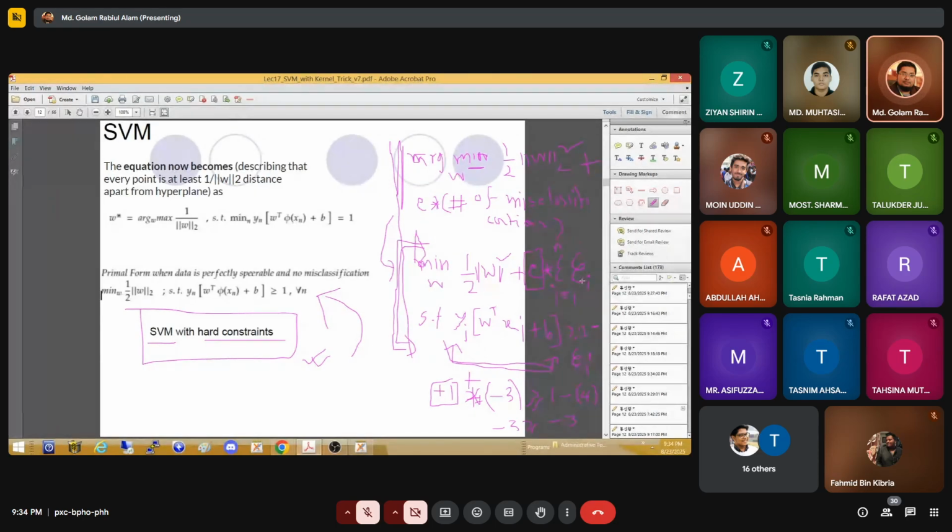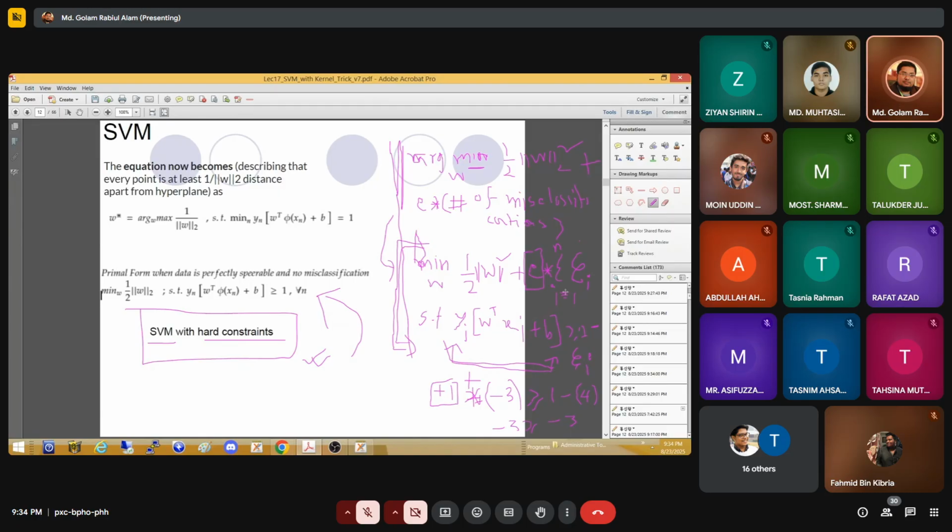Actually, here is something more to say. Not all misclassifications are the same. If we allow a misclassification that is very far from the borderline, that kind of misclassification is not the same as a misclassification that is nearly within the boundary.